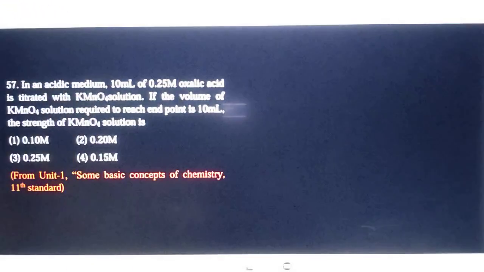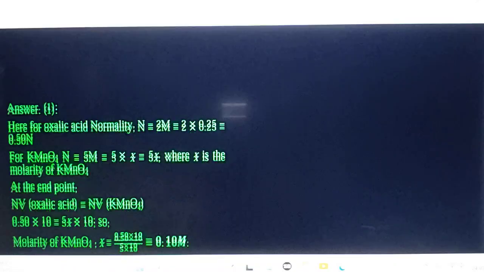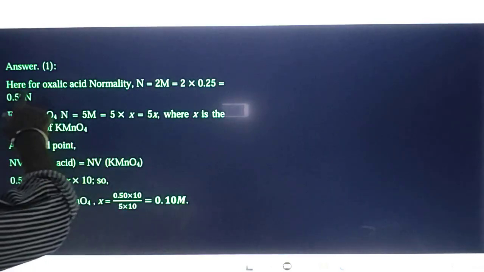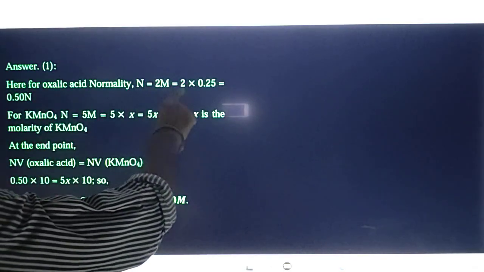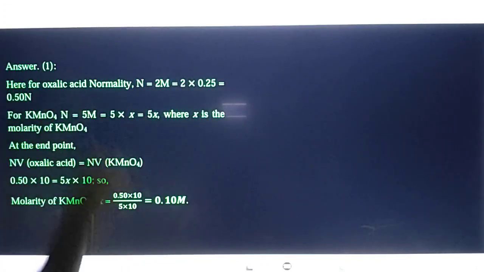So here what we do, NV oxalic acid is equal to NV KMnO4. That is what we have to remember. Suppose, listen carefully. Here oxalic acid normality N is equal to 2M, which is 2 into 0.25, so it is 0.5 normal.